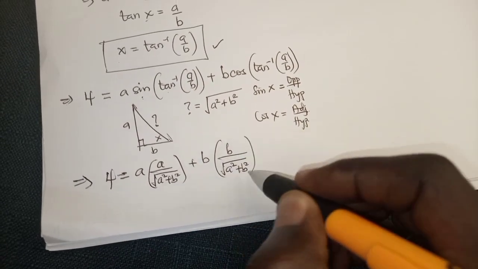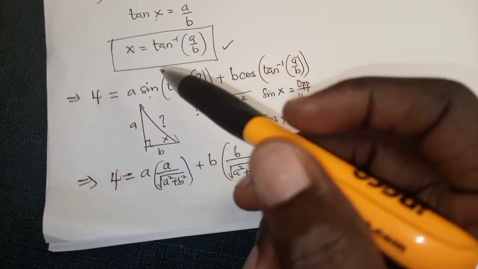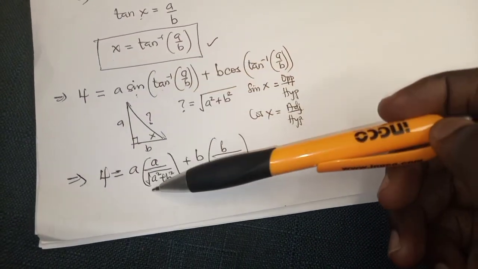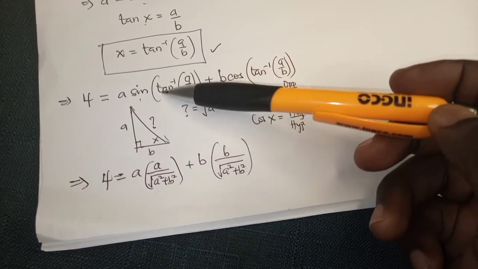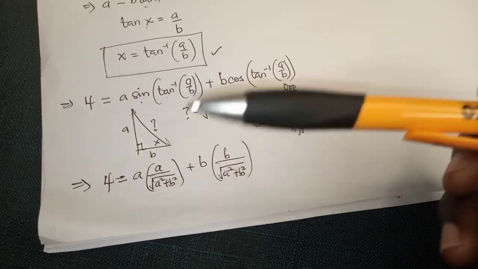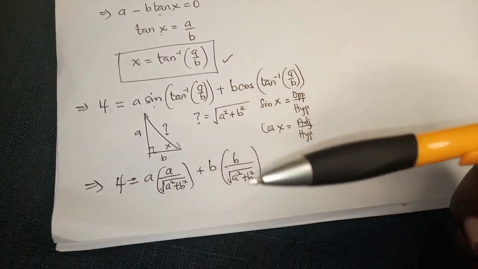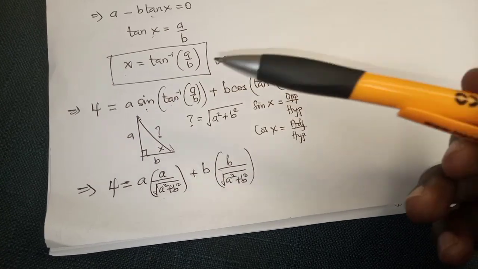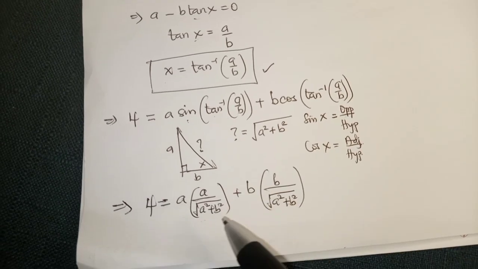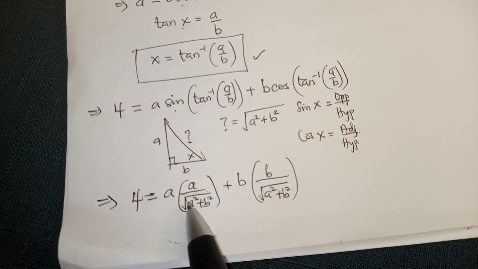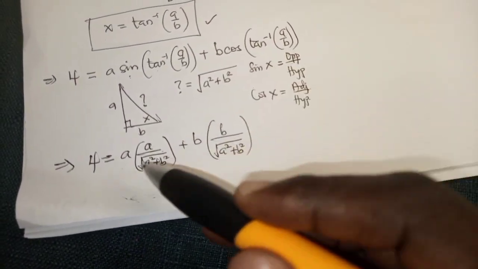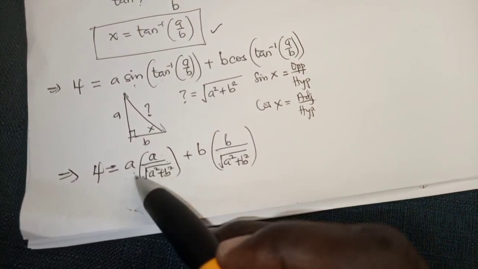Of course, you could have moved straight from sine x to this; you didn't have to do this step. I'm just hoping it will be clearer to insert all this. All right, so we expand this and simplify a times a and everything.